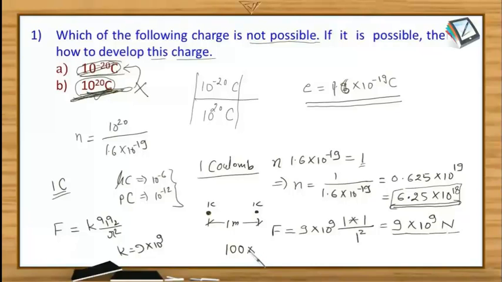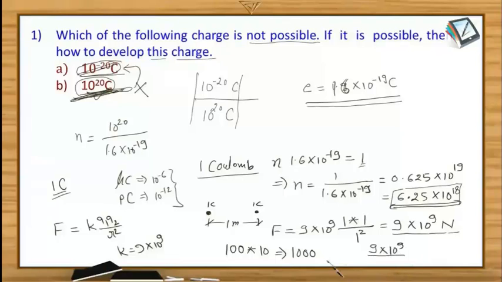It will be multiplied by g, acceleration due to gravity. Just assume it to be 9. So 1000 Newton. So if you want to lift one person of mass 100 kg, then how much force is needed to lift that person? It is 1000 Newton. So here the force is 9 into 10 raised to the power 9.